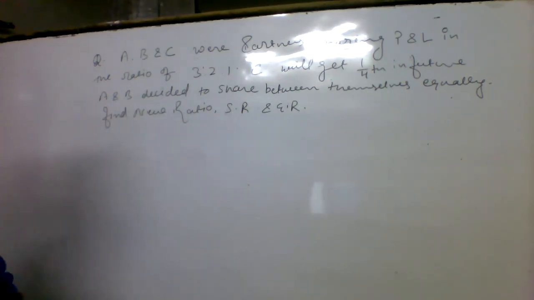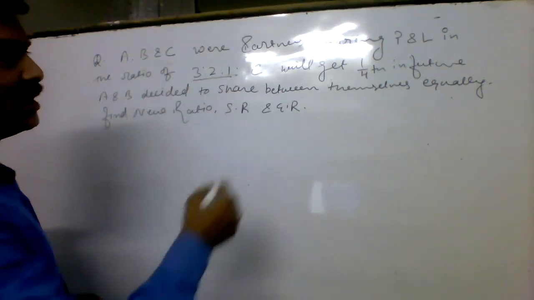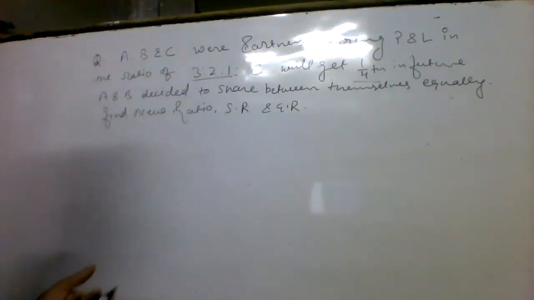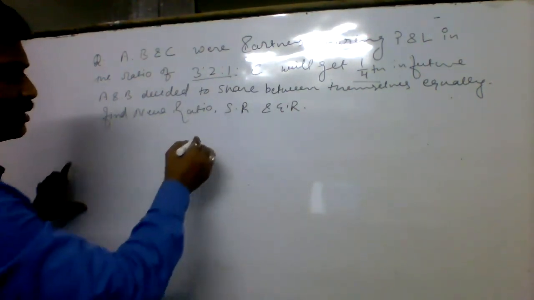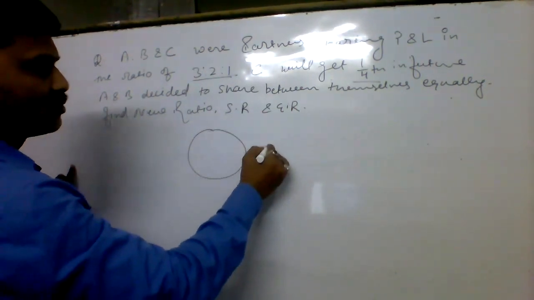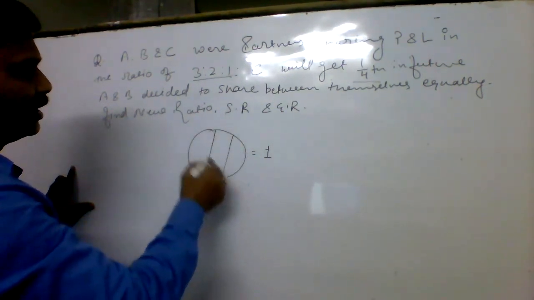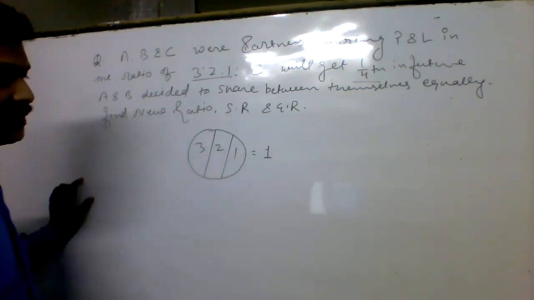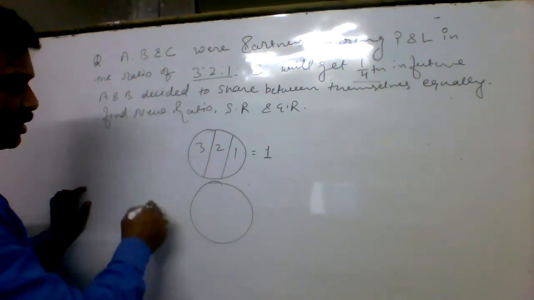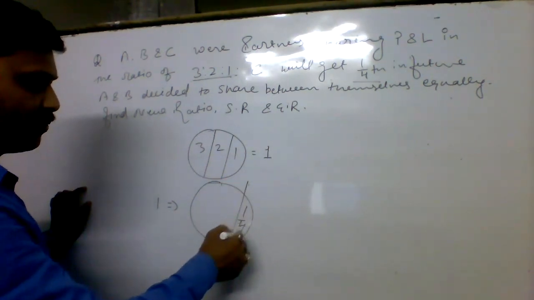As you can see in the question, the old ratio of 3:2:1 is given already, and it says that as per the new agreement, C will get a 1/4 share in future. Earlier, we can assume the total profit is 1. But now, as per the change in agreement, from this whole share C will get 1/4.